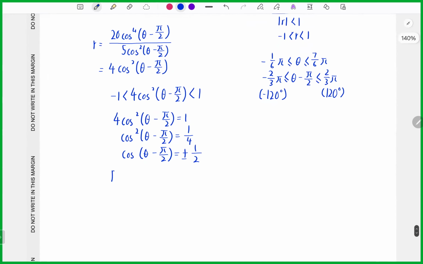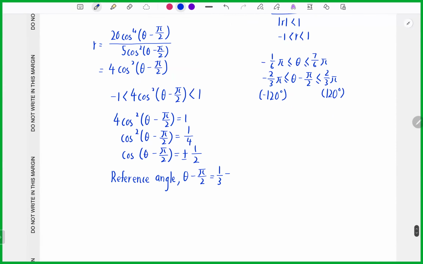So your reference angle equals inverse cos 1 over 2, you will get the answer 1 over 3 pi here. So let's try. 1 over 3 pi.